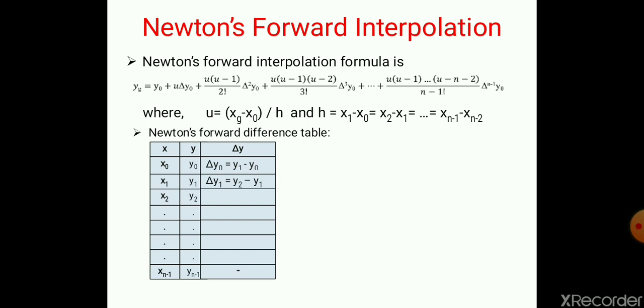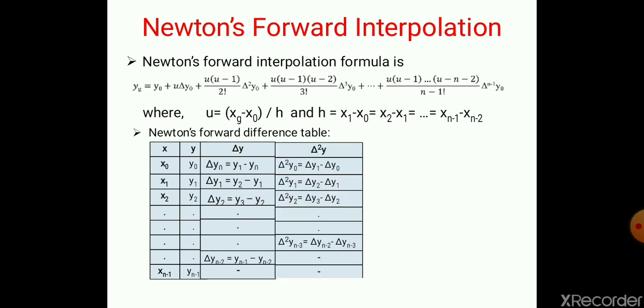Next difference is y3 minus y2, up to the n number of times. You have to take the first difference for the first difference table. So the generalized formula is delta yn minus 2 is equal to yn minus 1 minus yn minus 2.